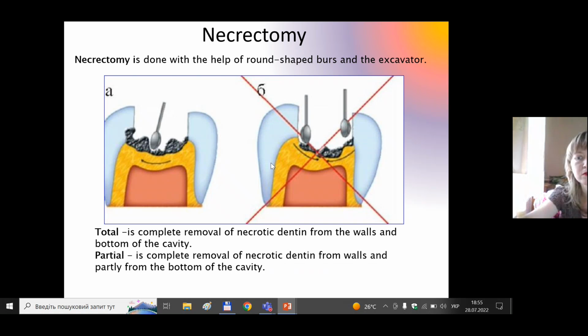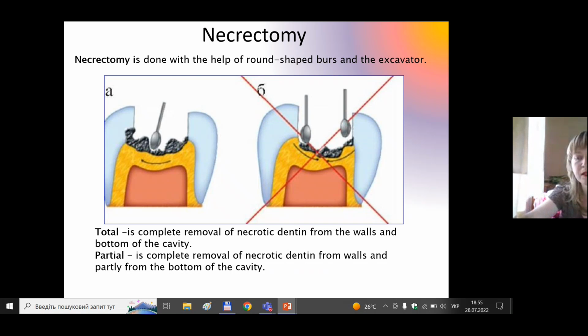So this photo shows how a spoon excavator should be moved to cut necrotic dentine. Pay attention. From the center to the walls, the excavator should be moved. From the center of the tooth cavity to the walls, not opposite. If it is done from the wall to the center, it is not sufficient cavity preparation.